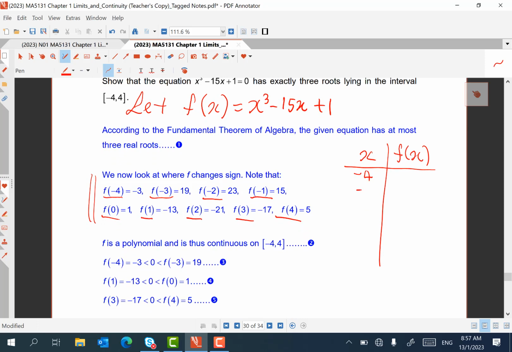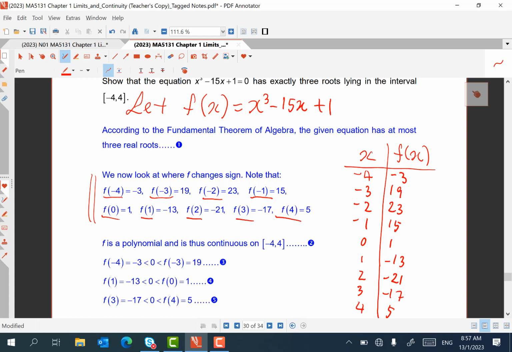For this, you only need 4 numbers. So it's -3, 19, 23, 19, 23, 15, 1, 15, 1, -13, -13, -21, -17, 5.